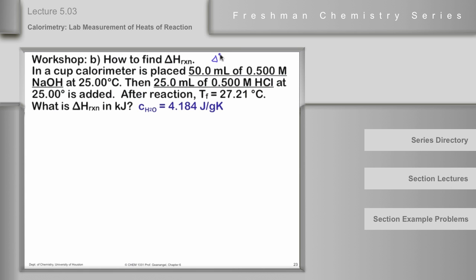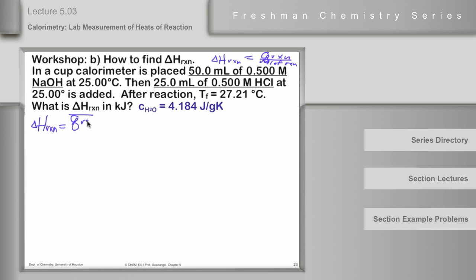So this is the same problem exactly, except it's asking us for something different. It's asking us for delta H. So delta H of reaction, I'll write it bigger here, is equal to Q of reaction, which we already know, divided by moles of reaction. It's kilojoules per mole. That's always the units of delta H. So let's write down the equation.